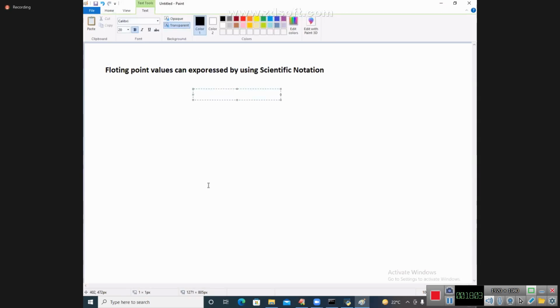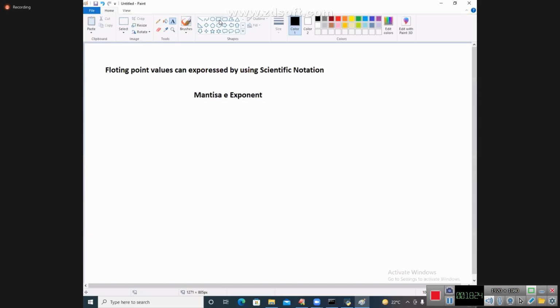Mantissa, E, exponent. Listen, no need to have previous knowledge. I am writing here: mantissa, E, exponent. This is one more way of writing the floating point value.